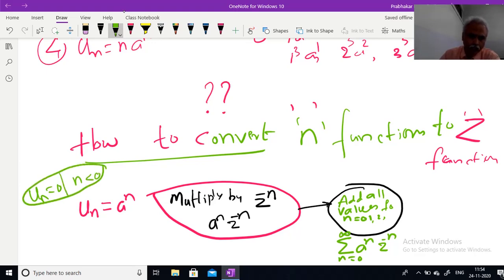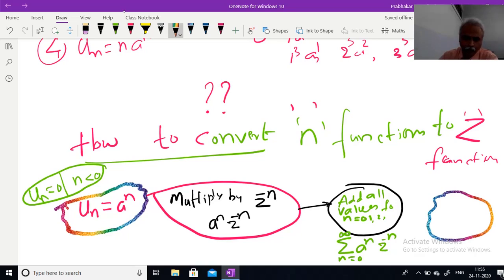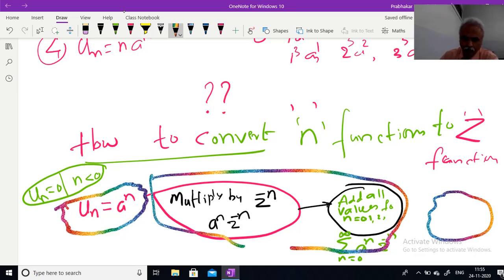We are heading towards the definition. Carefully see this: this is getting converted to this via this operation. This operation itself we call a transformation, or z transform in this case.